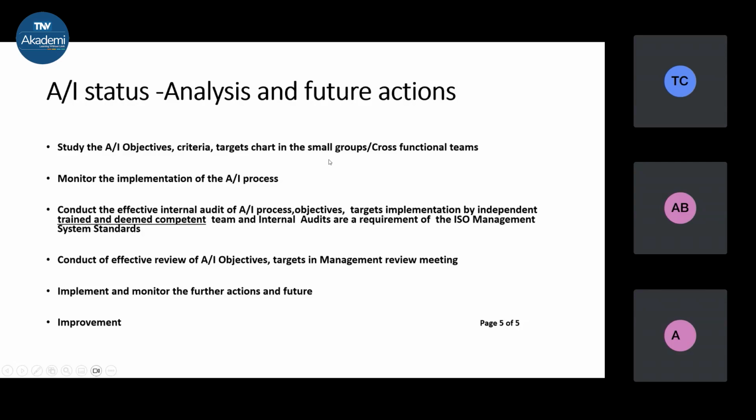So we want the associates, the clients, and the application review teams to get a feel of this and take a deep dive into this, and see that improvements are brought about by effectively implementing the internal audits, the review of the processes, and by reviewing the objectives and targets in management review meetings, and those minutes with respect to responsibility, authority, and time management plan with respect to targets are implemented effectively.